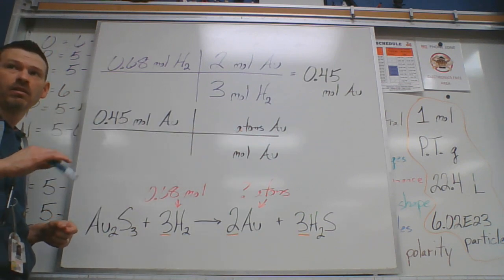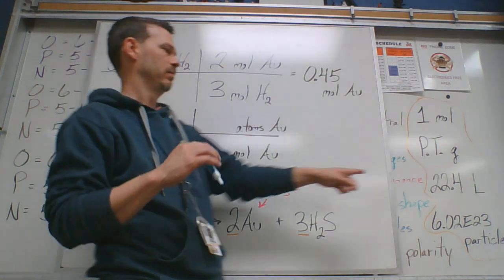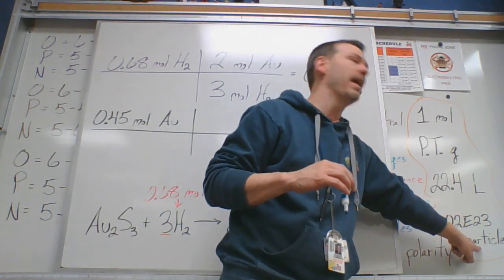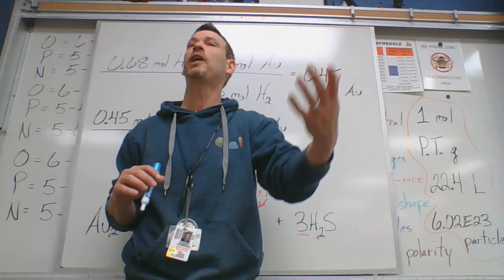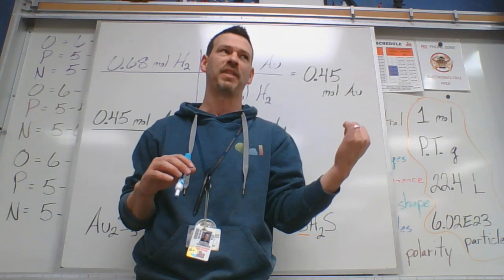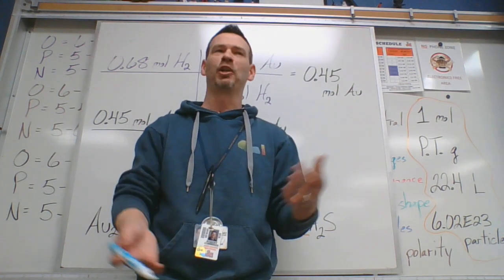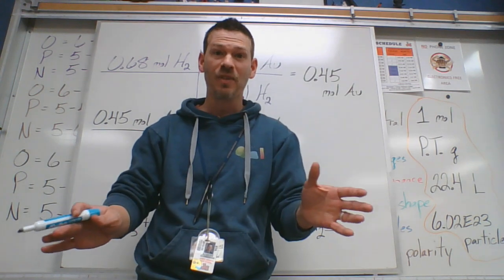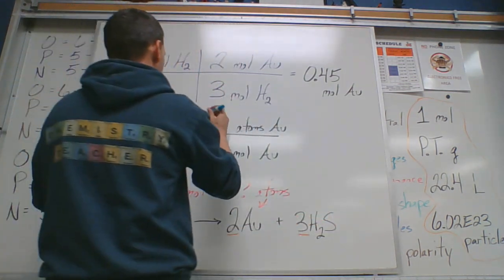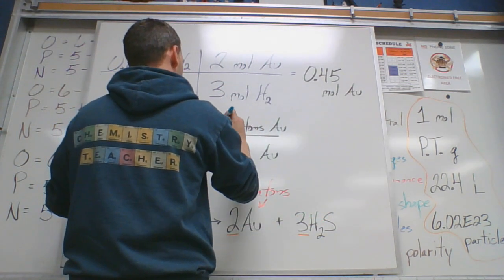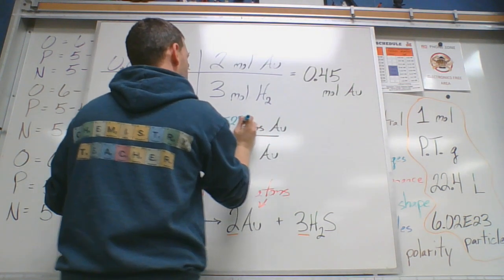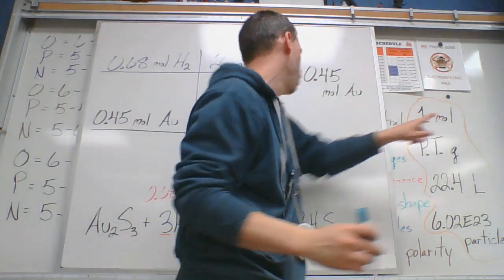All right, right now it says particles on my board, but if you look at your opening slide, what does Avogadro's number say? Atoms and molecules. Atoms, molecules, particles, all the same thing. So yeah, it's Avogadro's number that you need here. And then for moles, of course, it's 1.